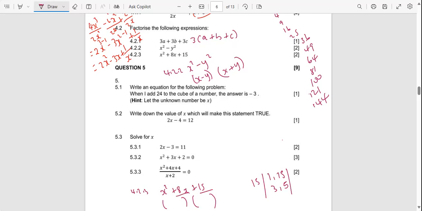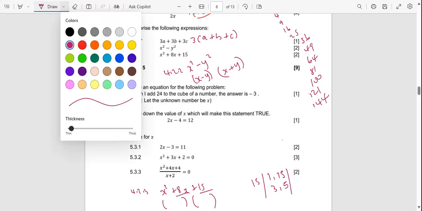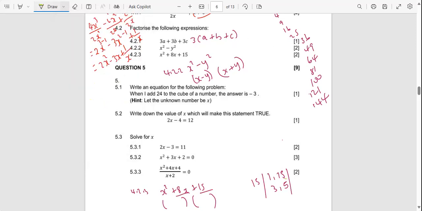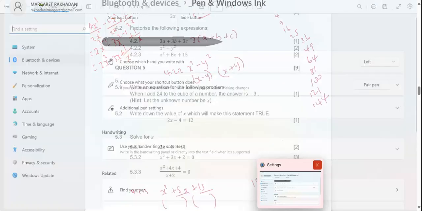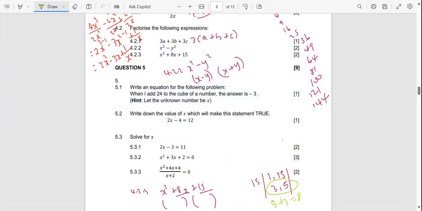We have 1 and 15. We know that 1 and 15 cannot give me 8. And then we have 3 and 5. We know that 3 and 5 can give me 8: when I add 5 and 3, they give me 8. And the very same numbers, when I multiply them, give me positive 15. 5 times 3 will give me positive 15.